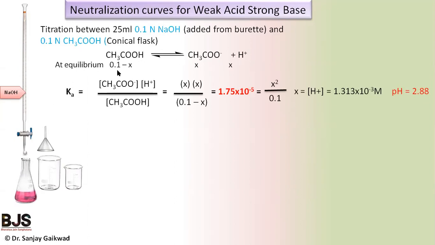Now for dissociation at equilibrium, suppose X mole of acetic acid dissociates into X acetate ions and X hydrogen ions. Then the concentration of acetic acid in water is 0.1 minus X. Now from this equation, when we apply the law of mass action, the equilibrium constant for acetic acid equals the concentration of the products, acetate ion into hydrogen ion, divided by the concentration of acetic acid in water, and therefore equals X into X divided by 0.1 minus X, that is equal to X square upon 0.1, and the equilibrium constant for acetic acid is 1.75 into 10 raised to minus 5.